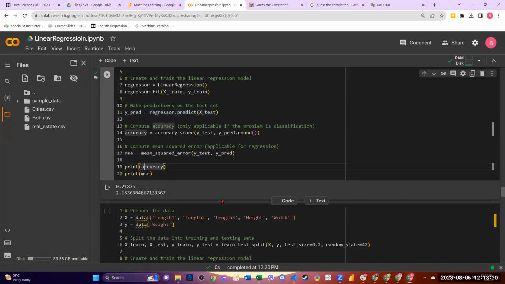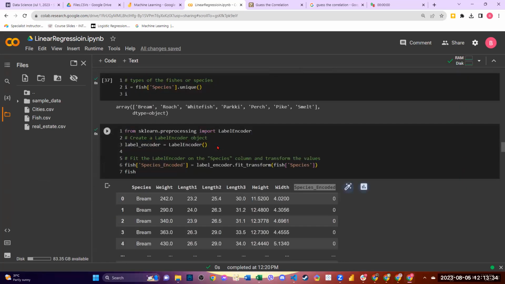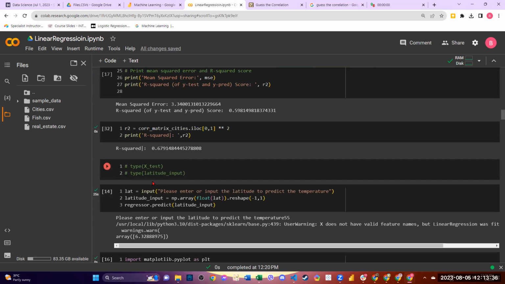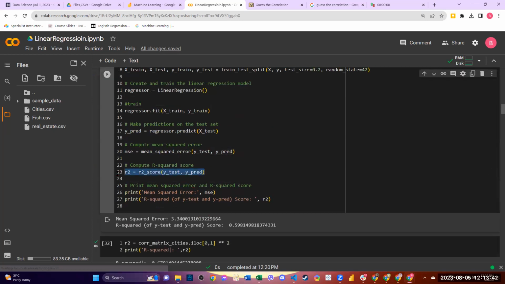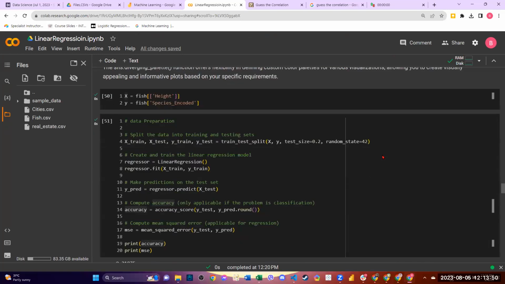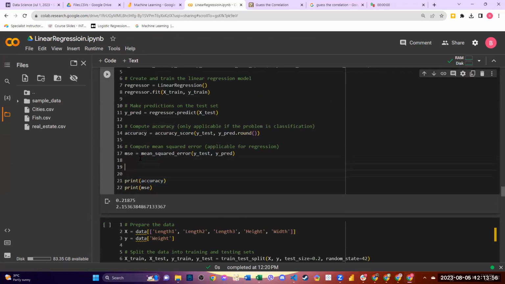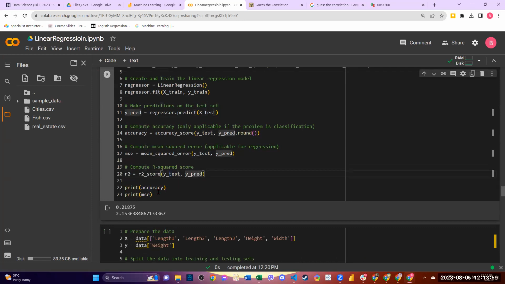So for our accuracy, we can say that our R squared, how is it computed above? Our R squared, so we can copy this, then implement it at the bottom for the accuracy. So y test, y pred.